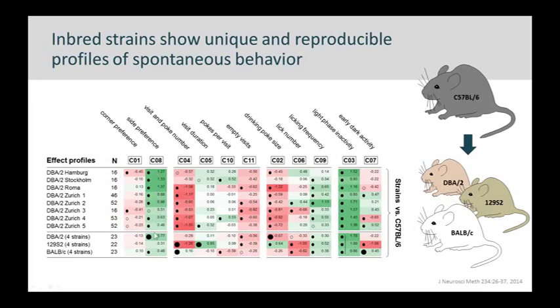As you see, most of the components reveal a highly reliable pattern of differences between DBA and black 6 mice. There are some that are somewhat more jumpy, but for most of them we see patterns that are highly reproducible across labs and studies, meaning that already during the first week of testing in the IntelliCage we can get reliable quantitative profiles describing the spontaneous behavior of the animals.